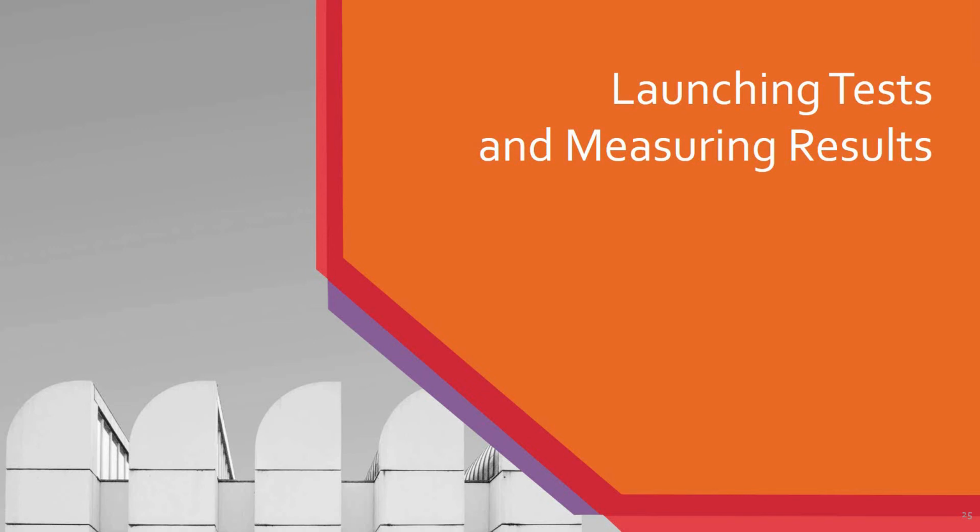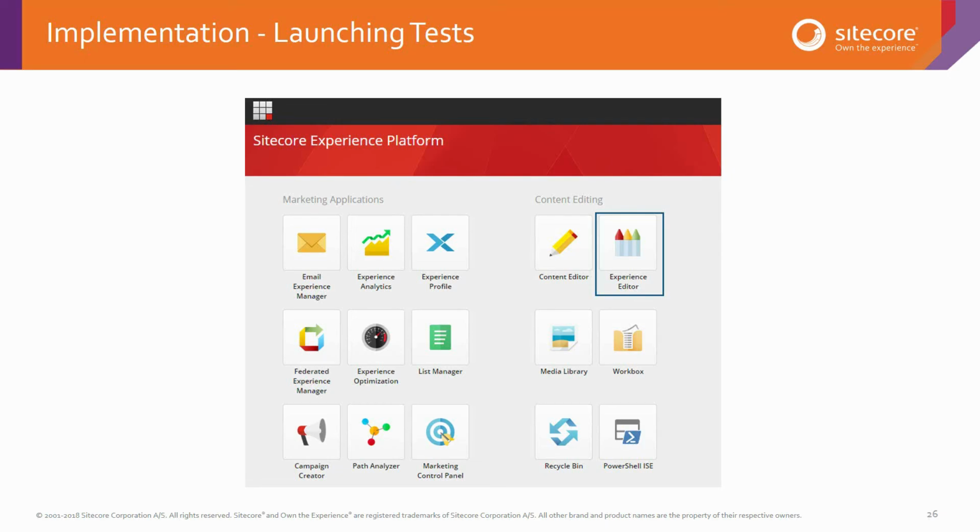Let's shift gears and take a look at launching tests within the Sitecore platform. And then we'll focus on the Sitecore test results dialog and how to measure success. We can start in the experience editor to launch a new component test.